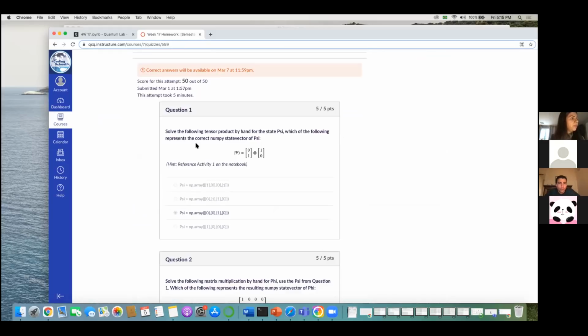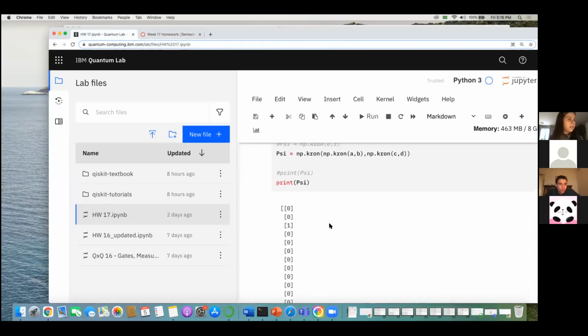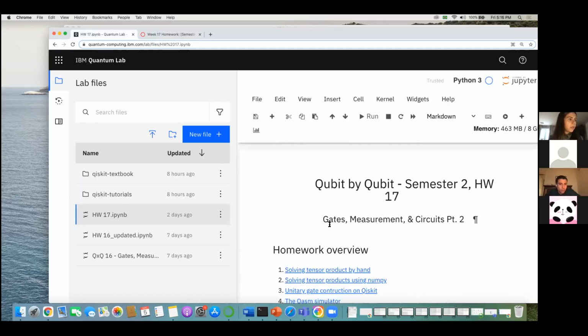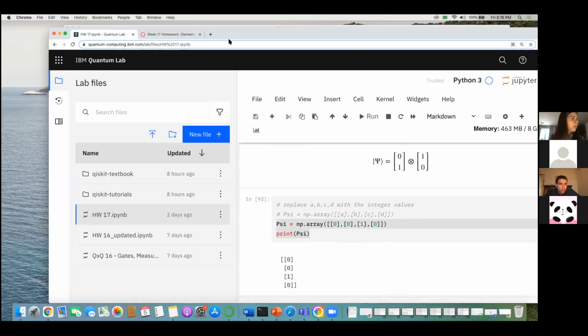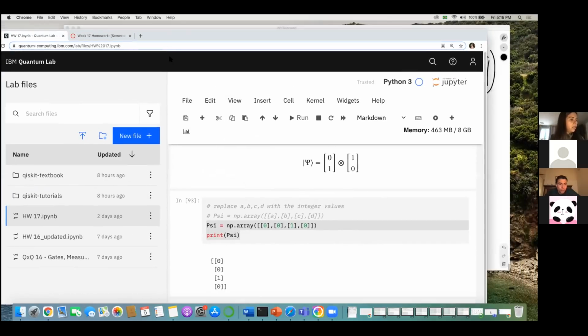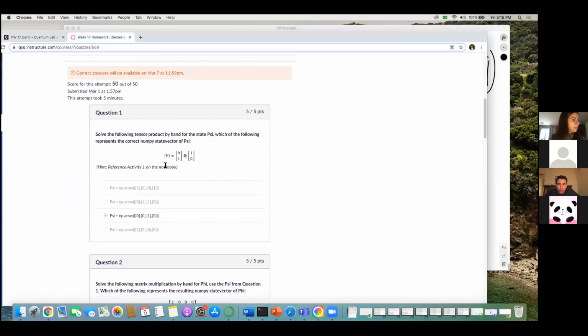Which of the following represents the correct numpy state vector psi? That's great because that's exactly the first thing we did in our notebook here. This is the vector. And this is the vector, so easy.